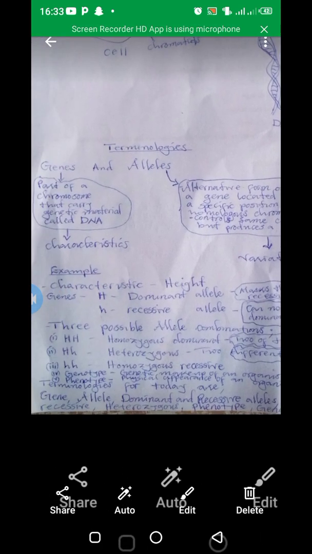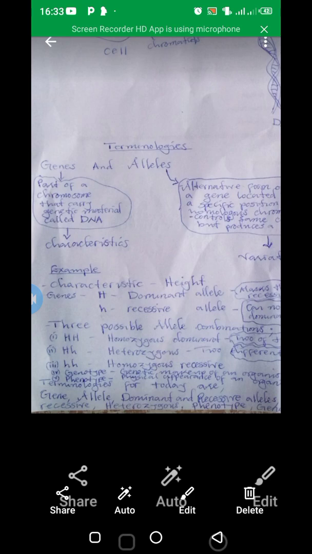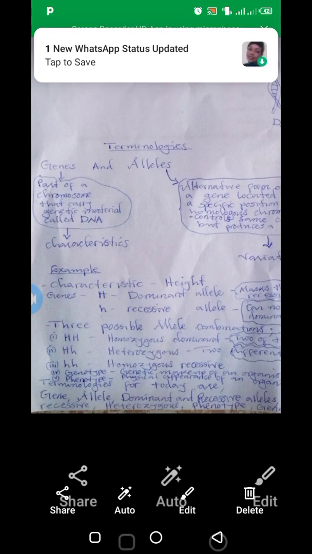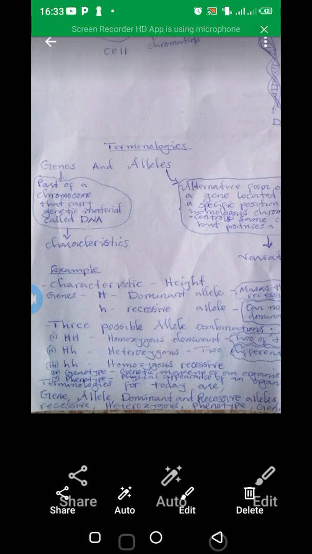So for instance, we have an example here where we have two alleles denoted by the capital letter H and the small letter h. The capital letters represent dominant alleles, while recessive alleles are represented by small letters.